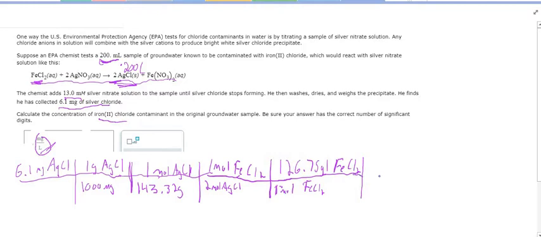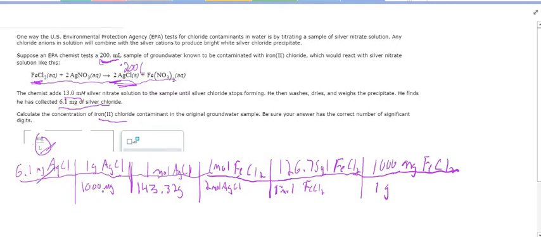Again, it's asking for that in units of milligrams. So let's go back out. I know that in 1 gram there are 1,000 milligrams of iron 2 chloride. Okay, so I can get those milligrams out right now. If I do all this math, let's just double check here.